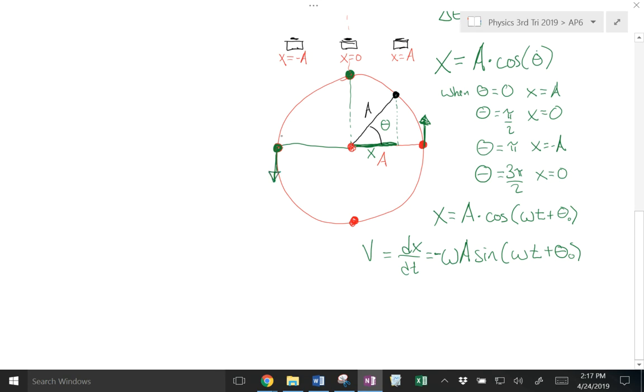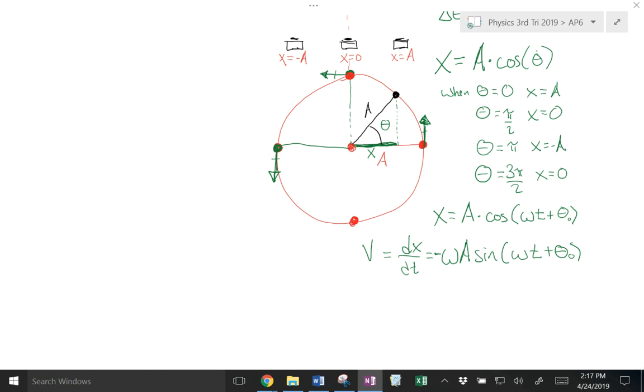Similarly, over on the side here at negative A, all the velocity is projected in the Y. So the horizontal projection of velocity would be 0 at those 2 points. It's going to be at a maximum when your x position is 0. Okay, so pi over 2 and at 3 pi over 2.